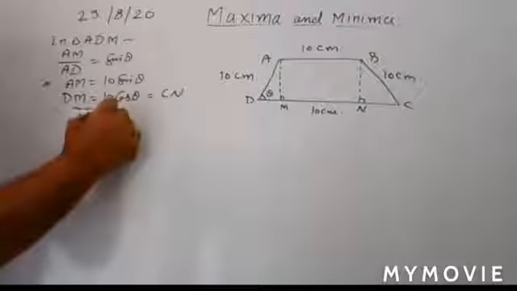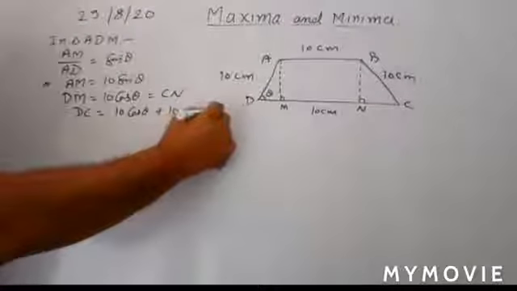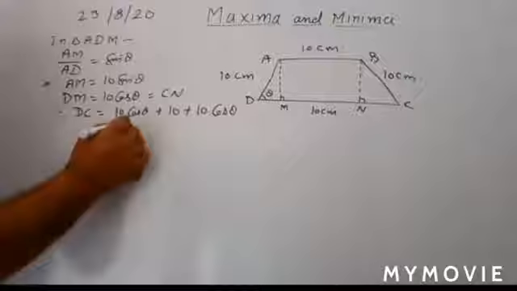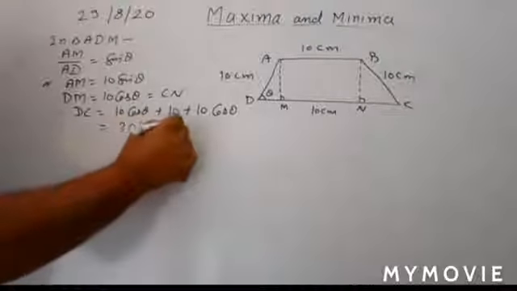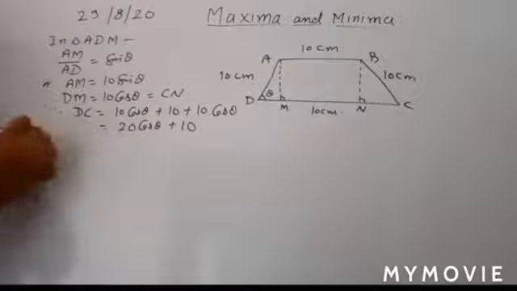So DC is equal to 10 cos theta plus 10 cos theta, which is equal to 20 cos theta plus 10. So that is the length of DC.